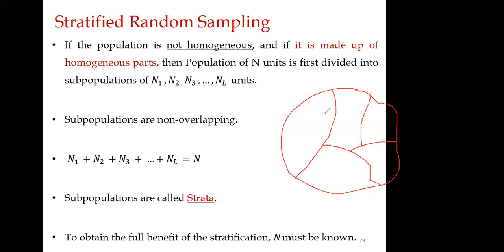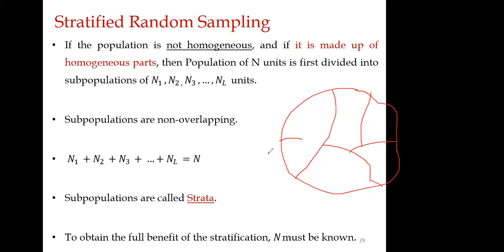Previously we assumed their IT knowledge is the same. Then what we do is divide them into subpopulations, each with a homogeneous part. Based on their knowledge, we divide them faculty-wise. Now our population is divided into subpopulations, which are called strata.